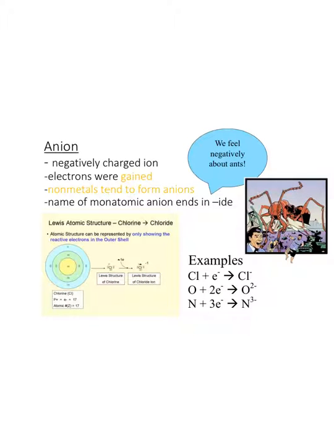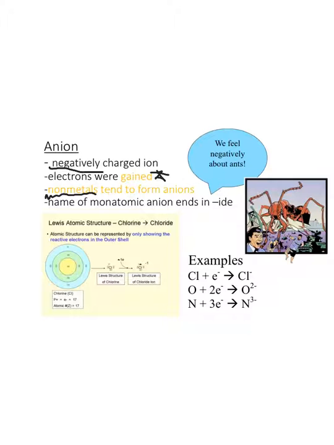Now, the flip side of this is the anion, all right? Anions is where we gain electrons. And if we're gaining electrons, then that means the electrons are outnumbering the protons. So we are going to have a negative ion charge. So where the metals became cations, you're right, you figured it out, you brilliant minds. The nonmetals tend to form anions.